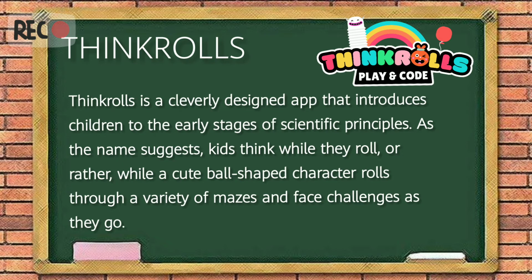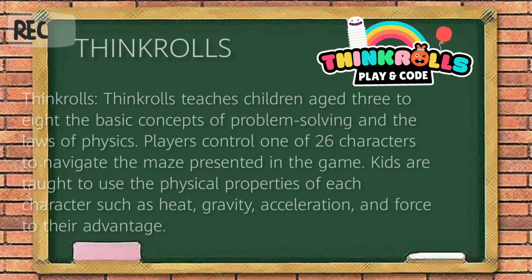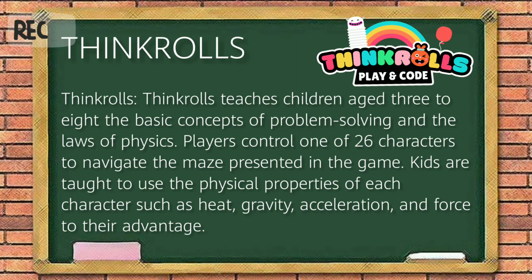There are limited instructions, so children have to think critically and employ physics logic to figure out how to solve each level. Think Rolls teaches children aged 3 to 8 the basic concepts of problem solving and the laws of physics. Players control one of 26 characters to navigate the maze presented in the game.